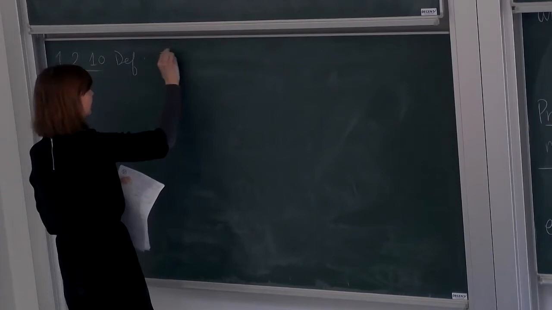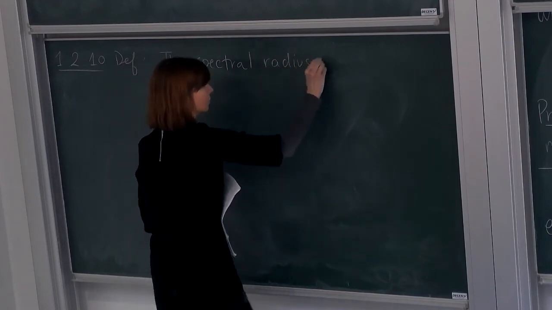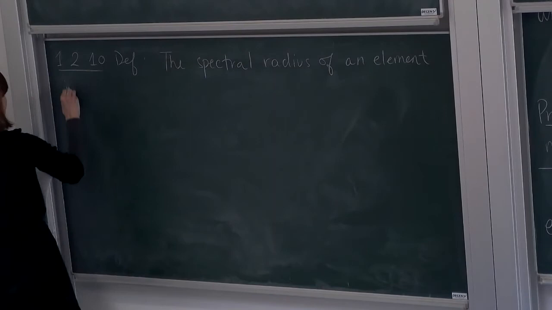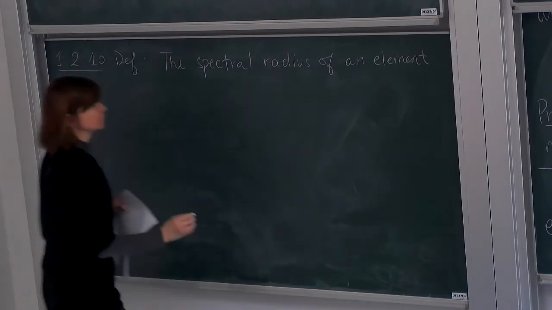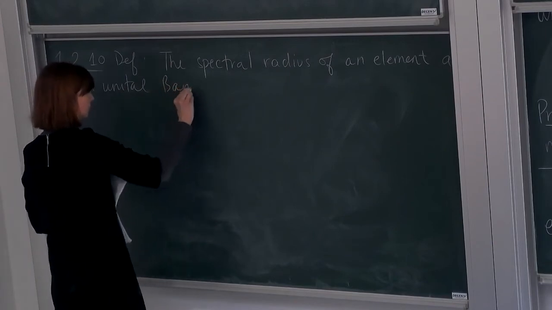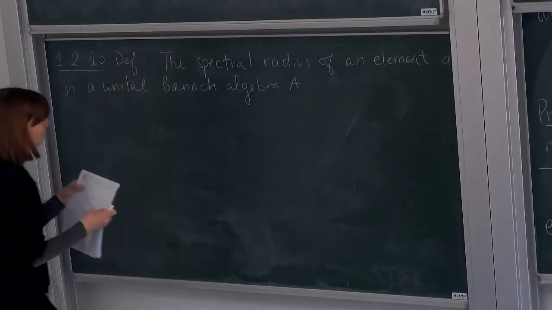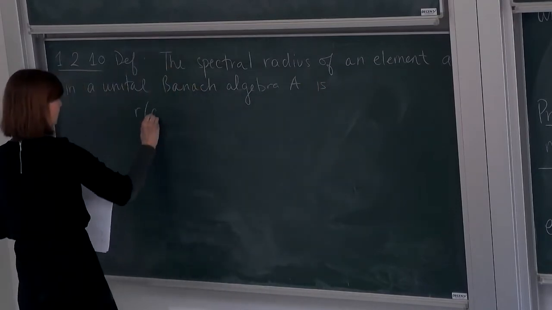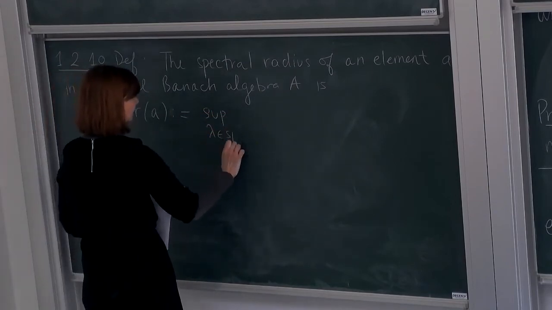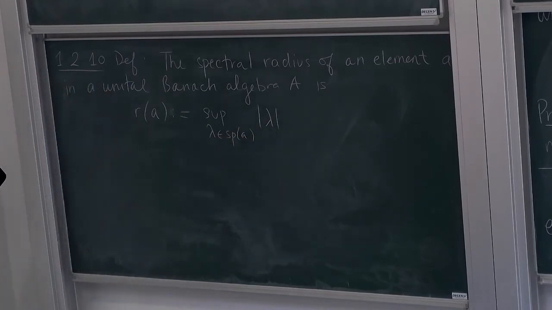So we have a definition: the spectral radius of an element A in a unital Banach algebra is denoted by R of A, and this is just going to be the supremum of the absolute value of lambda for those lambdas in our spectrum.